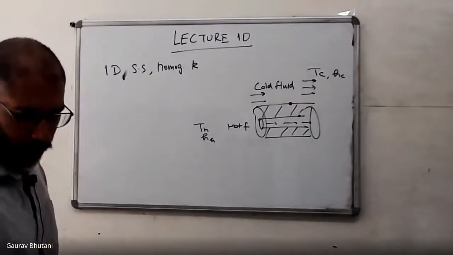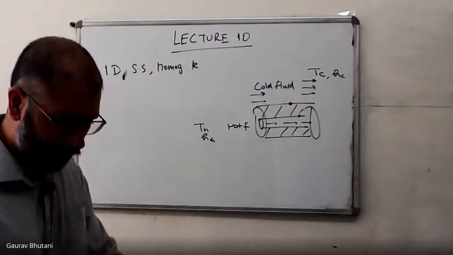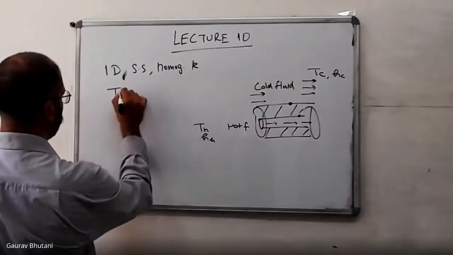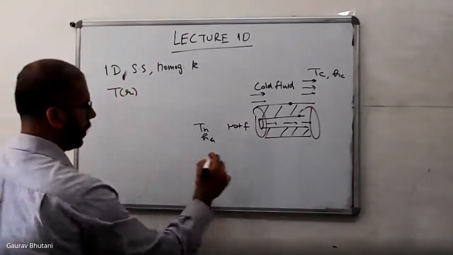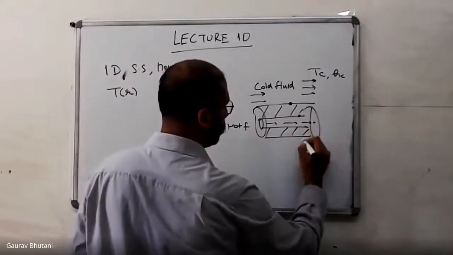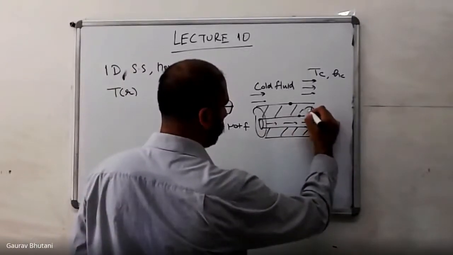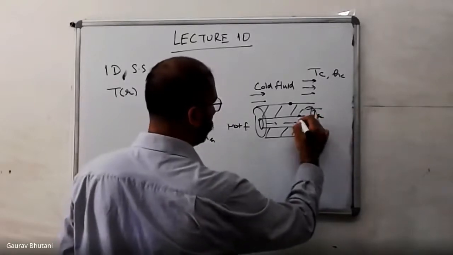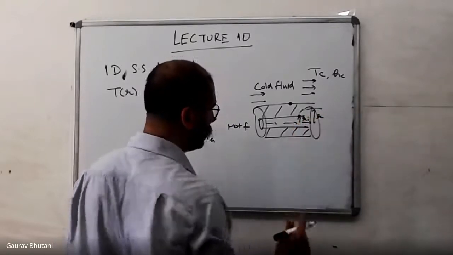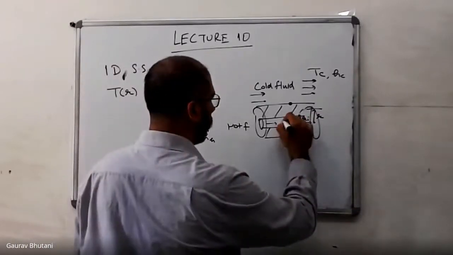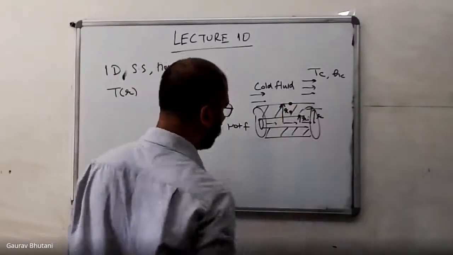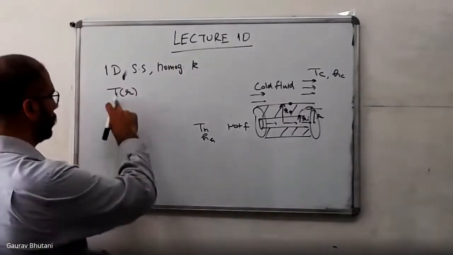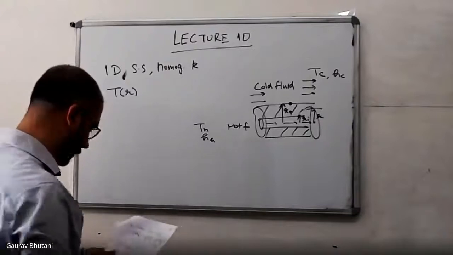If it's one-dimensional, then your heat equation simply becomes, in this case, temperature purely a function of r. So r is the distance. If we call this the center, then at some distance here we'll call this r. So r goes from Ri, the radius of the inner pipe, to Ro, the radius of the outer pipe. That's the range of r, from Ri to Ro, and temperature varies as a function of r only.